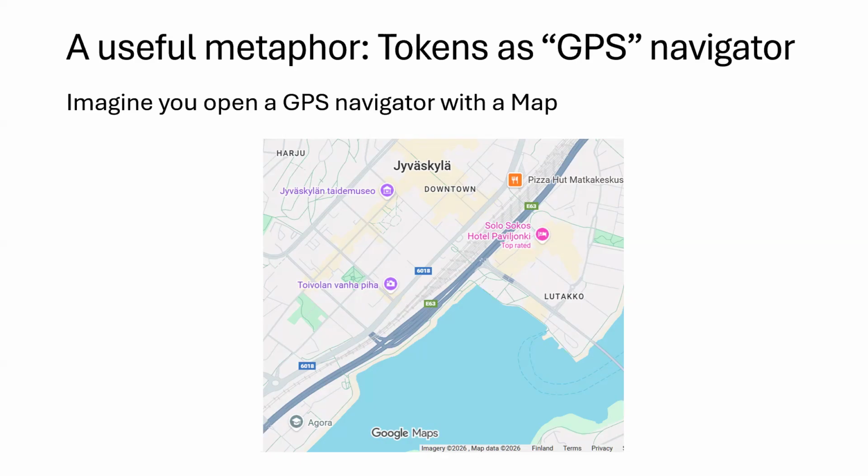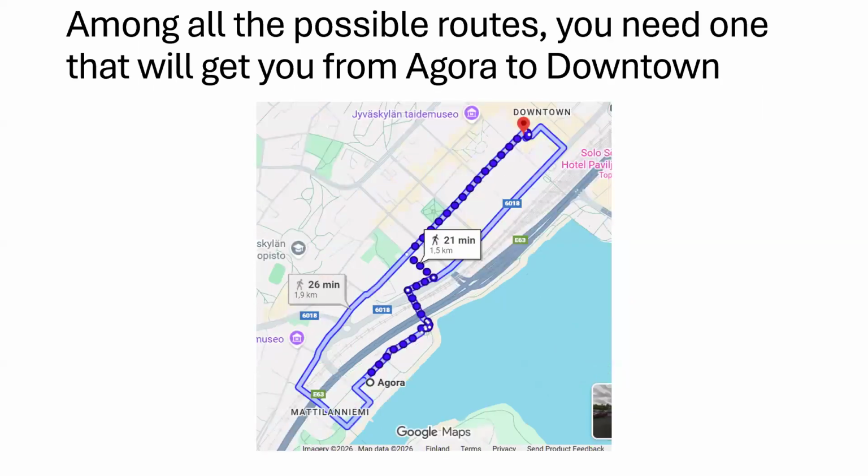So you may open, let's say, Google GPS or whatever navigator that you use. And then you make a path from, let's say, campus back to downtown on this GPS. It shows you different ways how you can go from Agora to the city center.